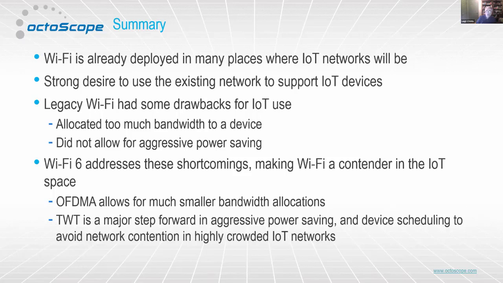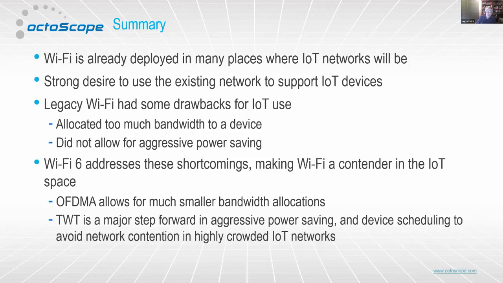And so there's an extremely strong desire from everybody, device manufacturers, network operators, IT managers, for the existing networks to be able to support devices well, without necessarily needing an overlay network of some sort.